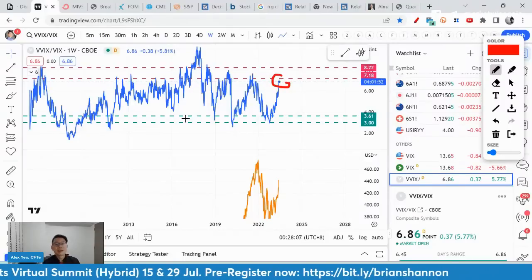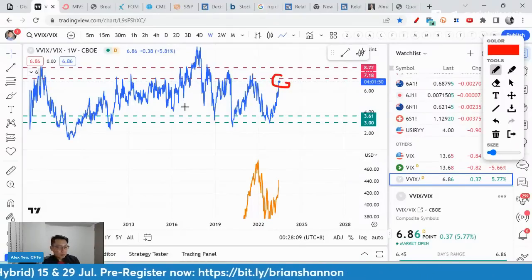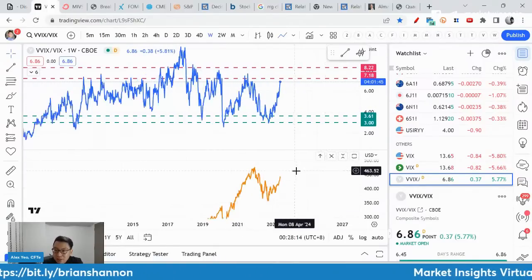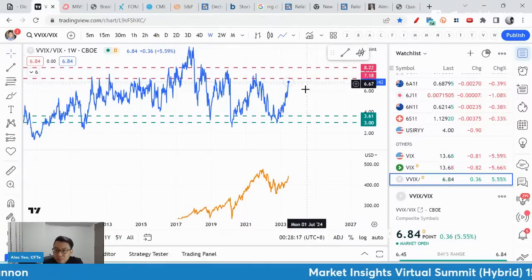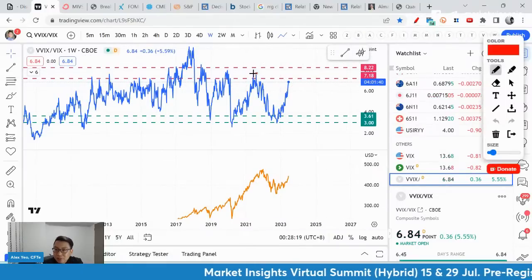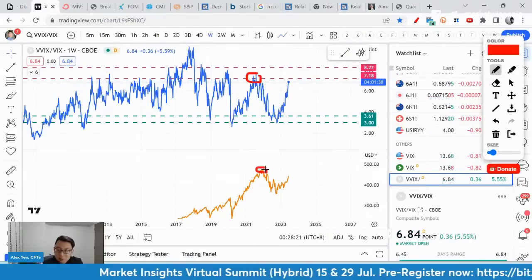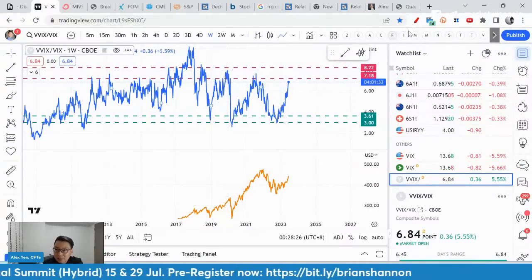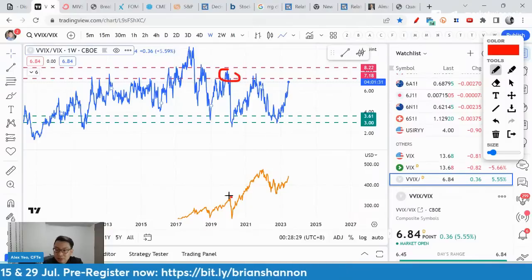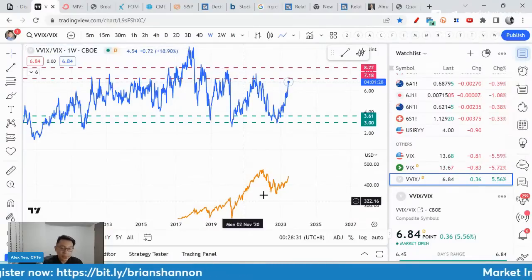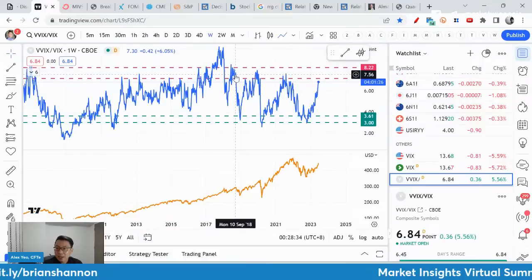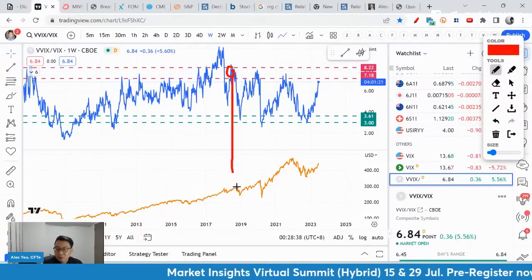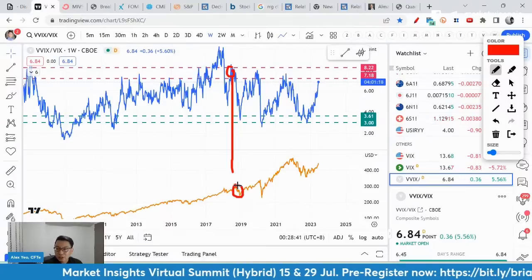So I am bearish short term. Can you see that when it is at the top over here, at reading 7 or 8, the market starts to drop? Once again, when it is at the top over here, you go down, in the 2018, 2019 kind of correction.